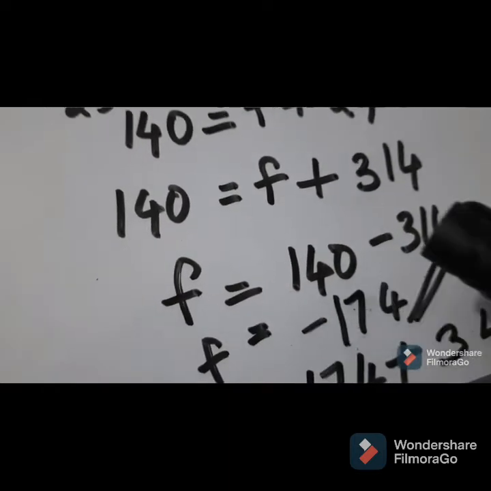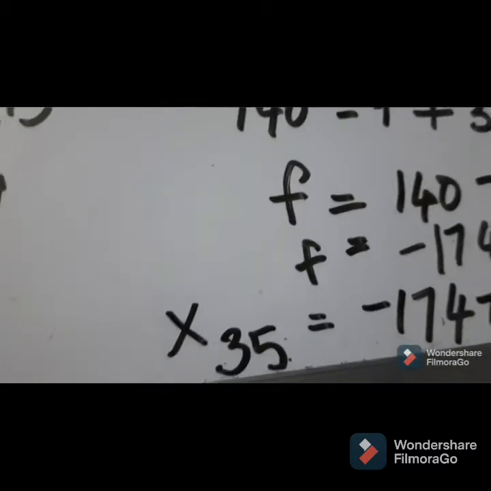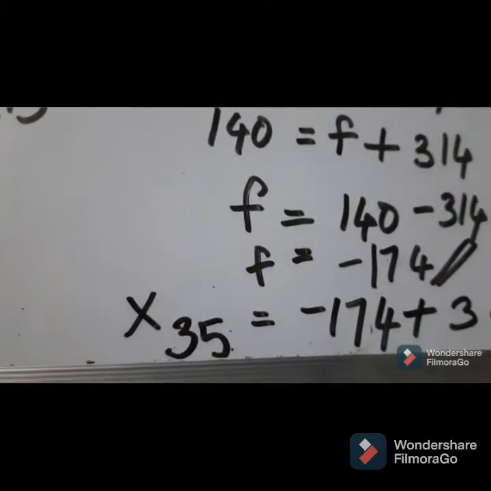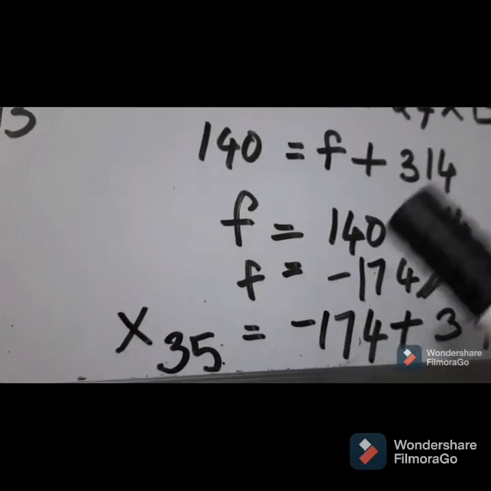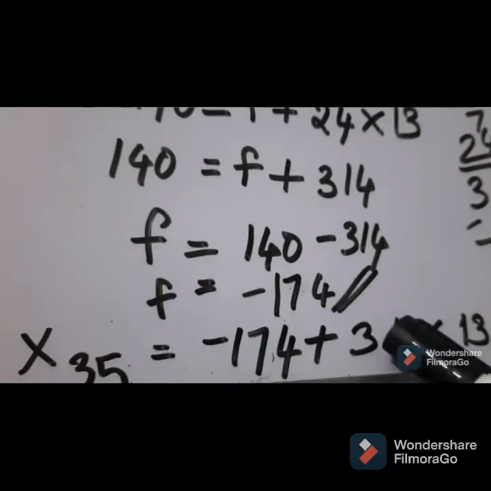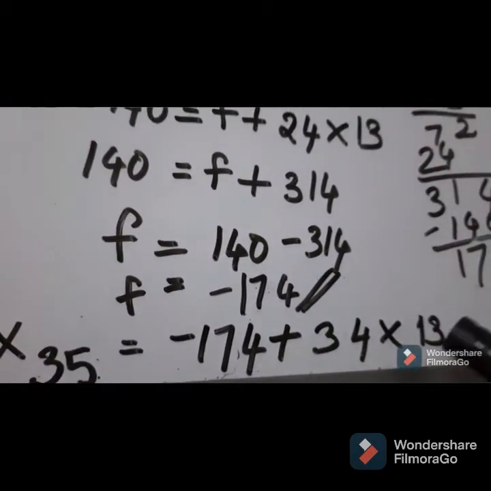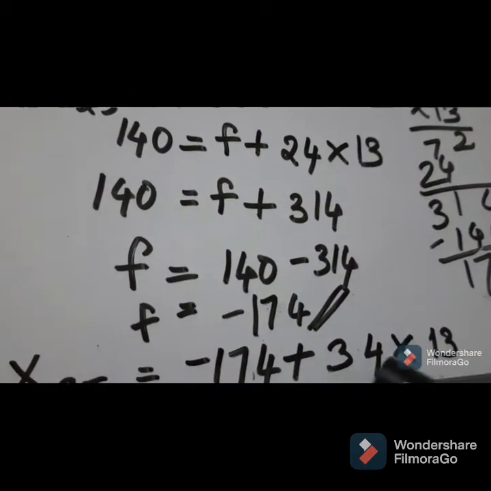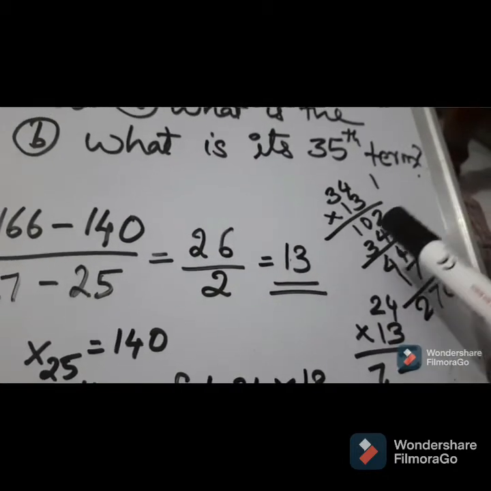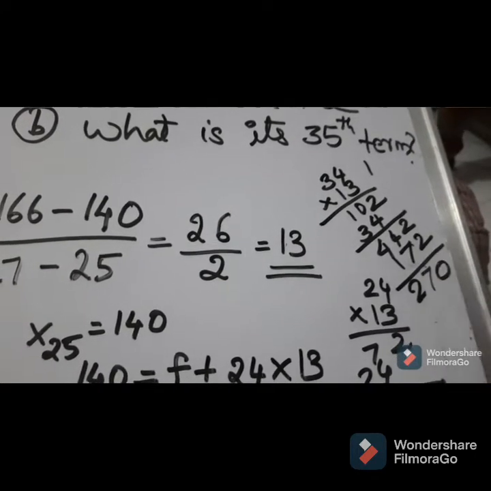Now we got the first term, so we can find x35, the 35th term. We know the formula is first term a plus n minus 1 into d. What is n? n is 35. n minus 1 means 34. 34 into 13 we will get 442.